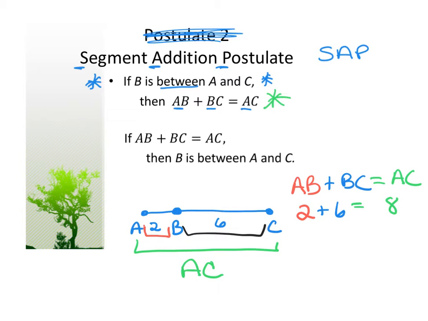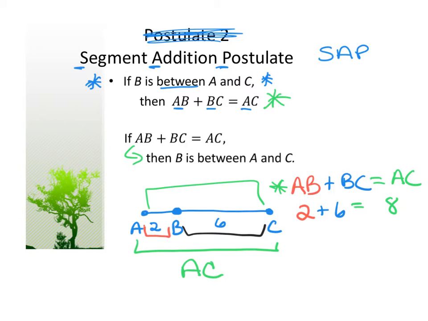So this is the segment addition postulate. Now, they can also tell you that if they show you that this is true, then you can state that B is between. Again, it doesn't tell us that B's in the middle. It just tells us that B's somewhere in between these 2 points.